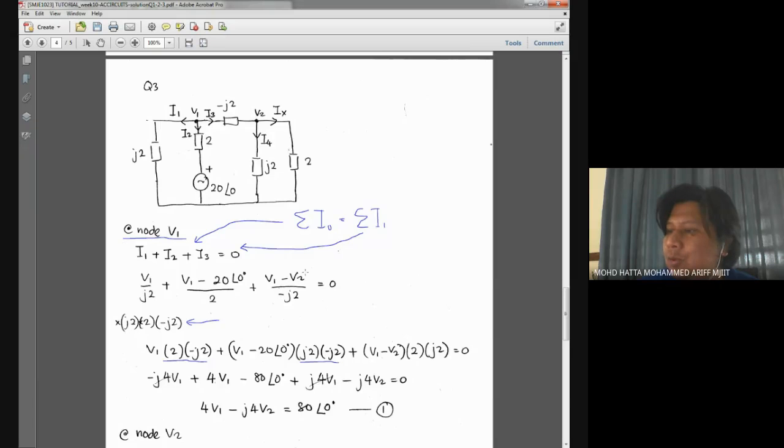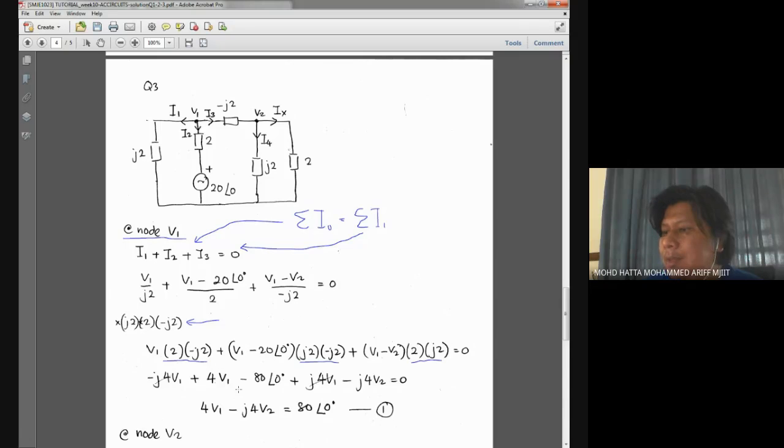The same goes for the third term, V1 minus V2, which I would multiply with 2 times J2. So the denominator part is eliminated and you will be left with an equation consisting of the numerator part. Numerator means the one at the top. All right.